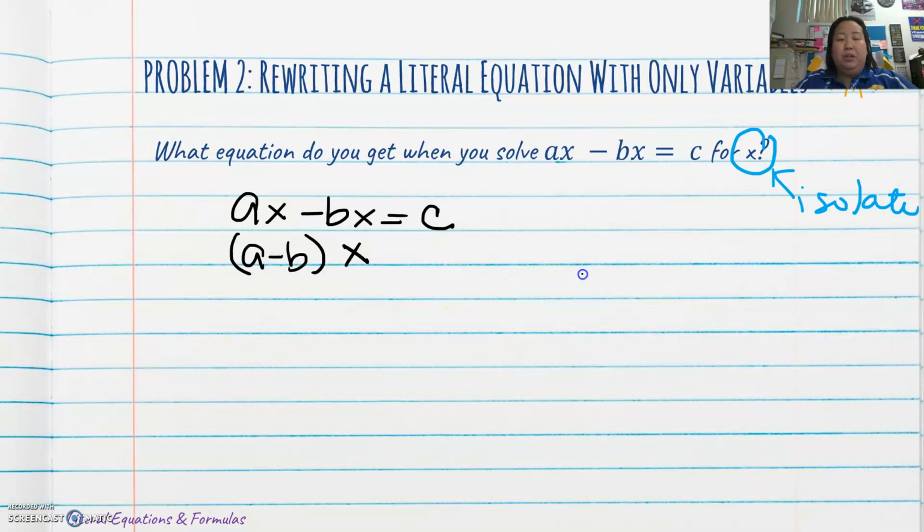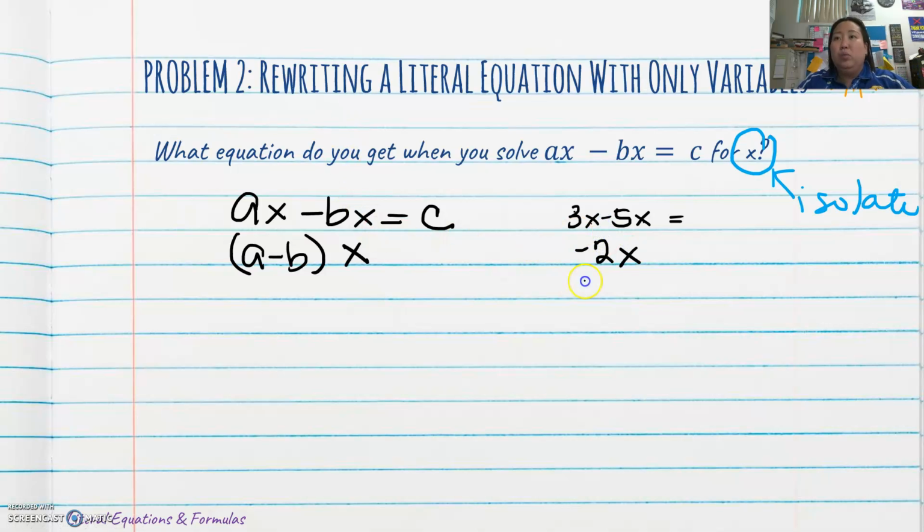To better explain this, let's temporarily put in some numbers in place of A and B. For example, if you have 3x minus 5x is equal to whatever, to combine you have the 3 and then the minus 5, which is negative 2, and then you just apply the variable X, right? But like I said, right now, what we have are variables.